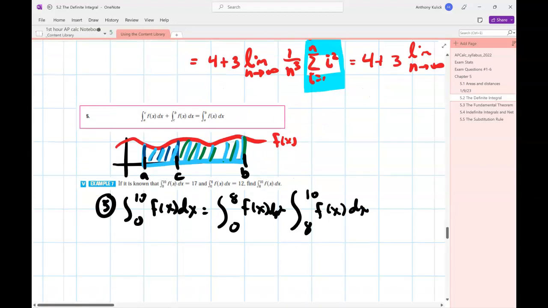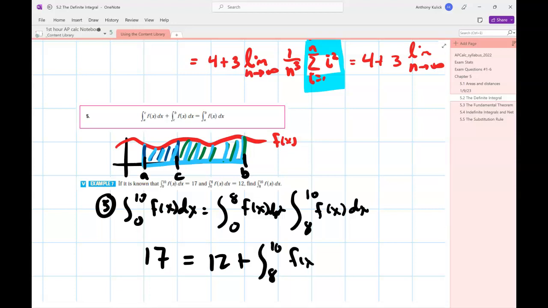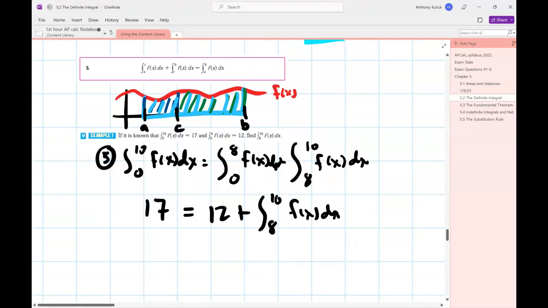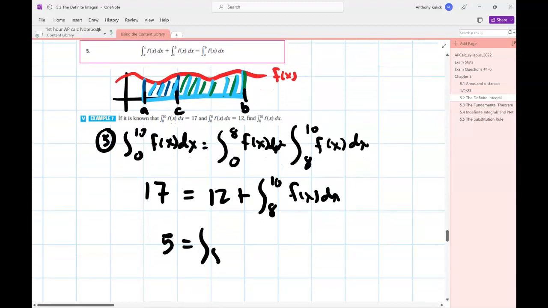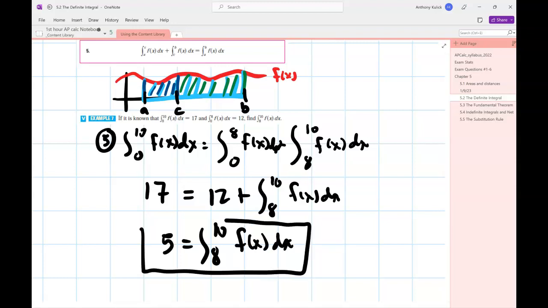So I have 17 is equal to 12 plus this integral. So that integral must be 5. Nice and easy, right?